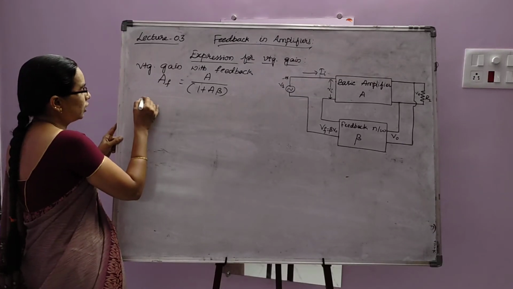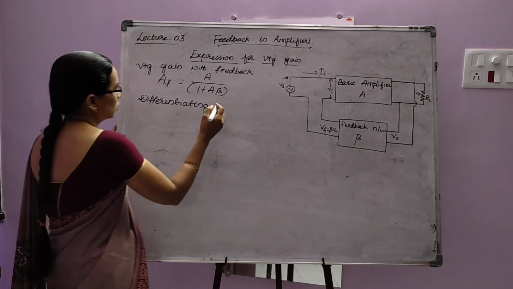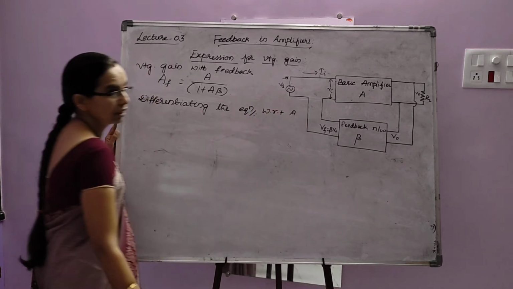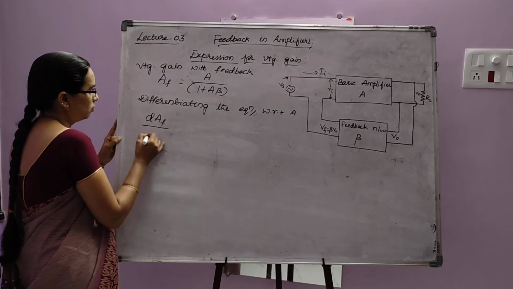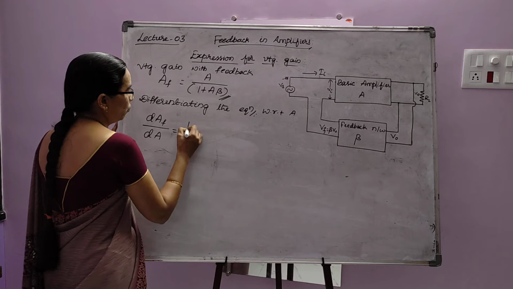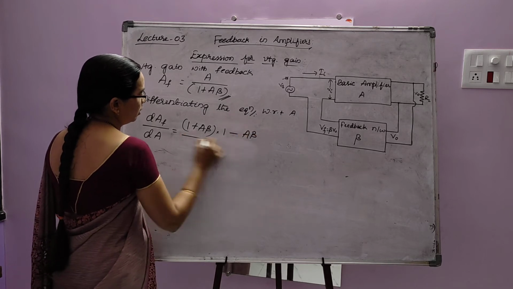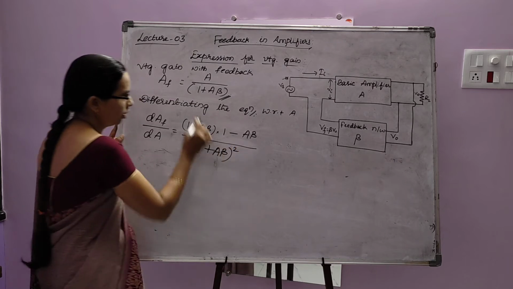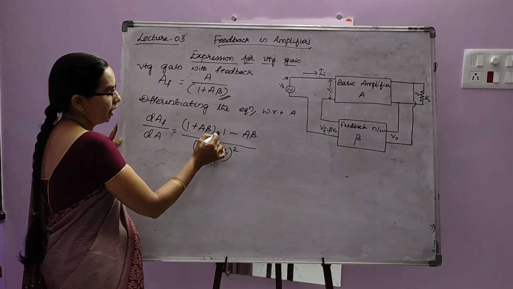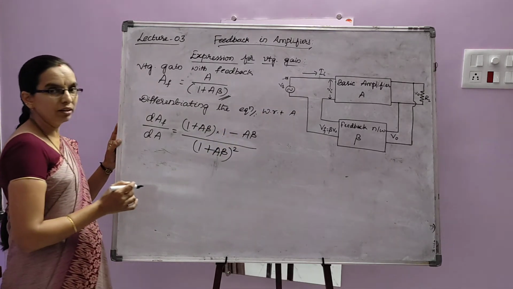That will be by differentiating the equation with respect to A. That is, dAF by dA is equal to, applying the quotient rule, the denominator 1 plus A beta into the derivative of the numerator, 1, minus the numerator into the derivative of the denominator, A beta, divided by 1 plus A beta whole square, the denominator squared.